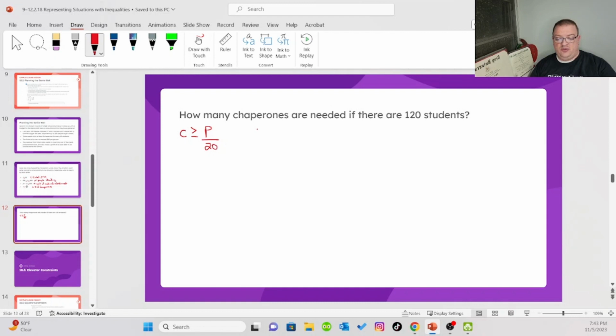So now we can say chaperones must be greater than or equal to 120 students divided by 20. So the chaperone number needs to be greater than or equal to 6. So there could be 6 chaperones, there could be more than 6 chaperones, but there could not be less than 6 chaperones.